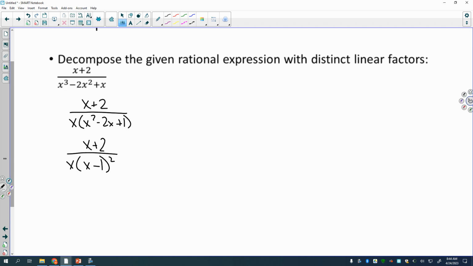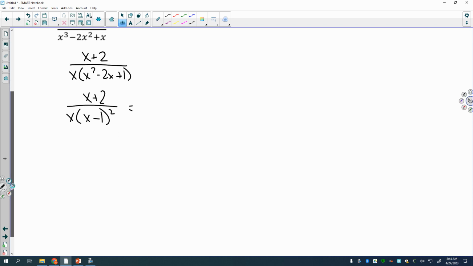Now, I'm also going to want to make this equal to some other fractions added together. Well, I could have A over x, which is great. I could have B over x minus 1, and I have to have C over (x minus 1), the quantity squared. I have to have all of those different types of combinations in order to do this.